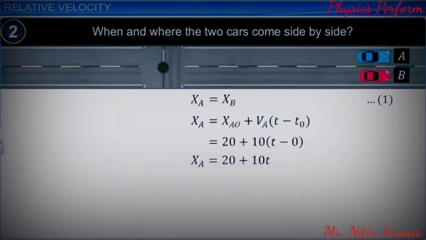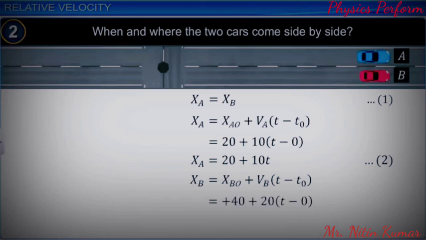This is equation 2. Similarly, XB is equal to XBO plus VB into T minus T naught. By substituting and simplifying, we get XB equal to minus 40 plus 20T. This is equation 3.